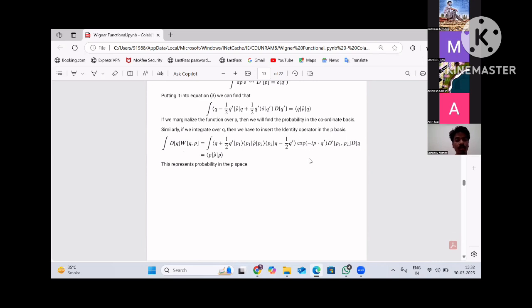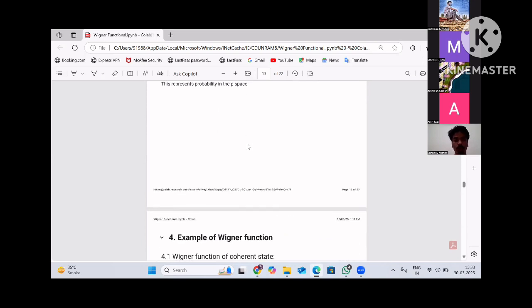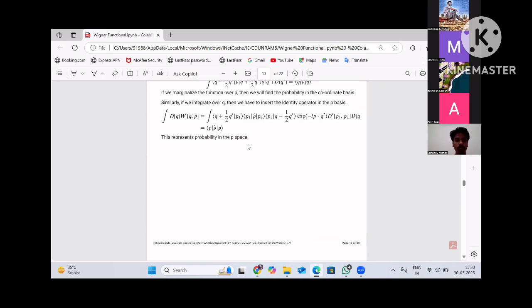If we marginalize the function over p, we find the probability in the coordinate basis. If we integrate over q, inserting the identity with p1 and p2 outer products, then dp is the differential of p1 and p2. After simplifying, we find this is the marginal probability in p space. Now Arijit will discuss for the next lecture.